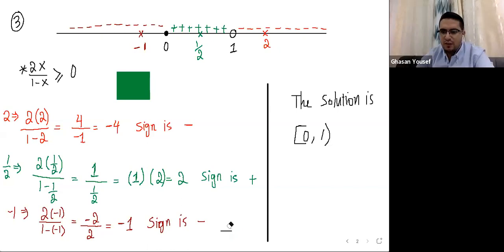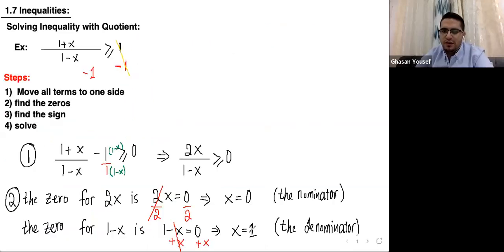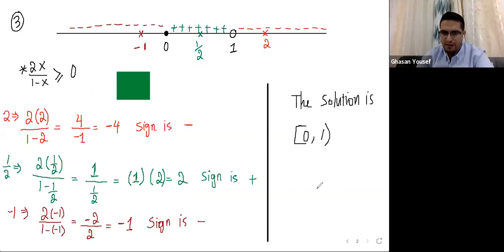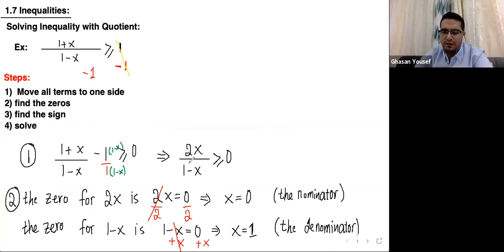Why is the 1 not included? Because the 1 is a 0 in the denominator. The 0 for 1 minus x is x equal 1. The zeros of the denominator should be outside the interval, an open circle. Always, any zero of the denominator should be an open circle, because the denominator cannot be equal to 0, since any number over 0 is undefined.